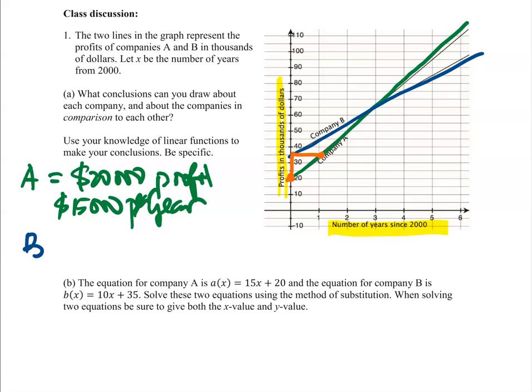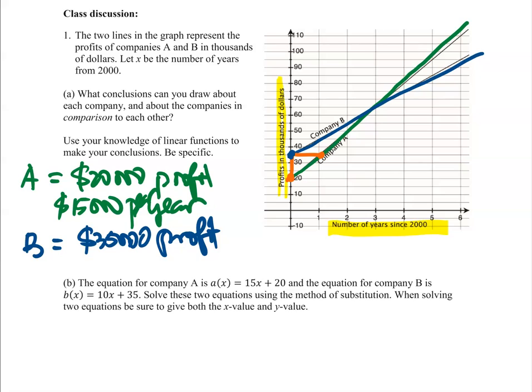Okay. Company B is here. It started at 35,000 profit. In year 2000, the profit was 35,000. And let's check.